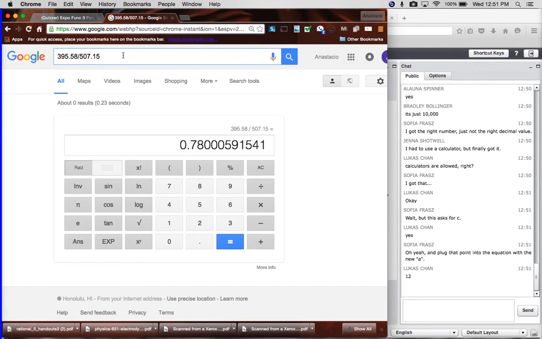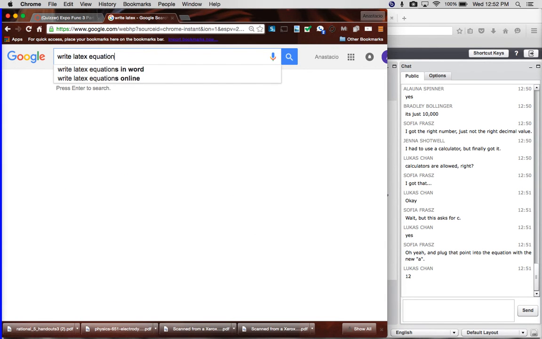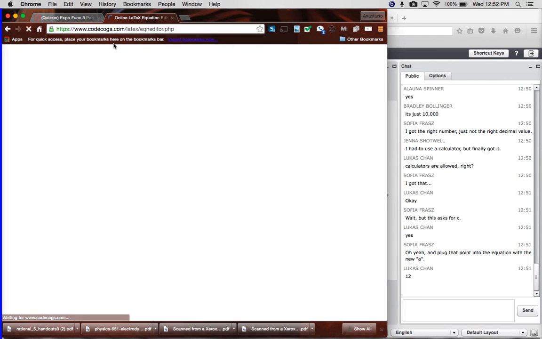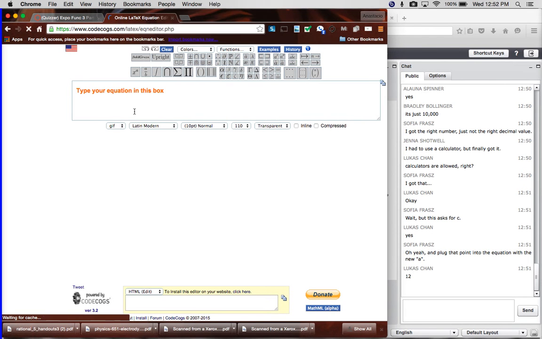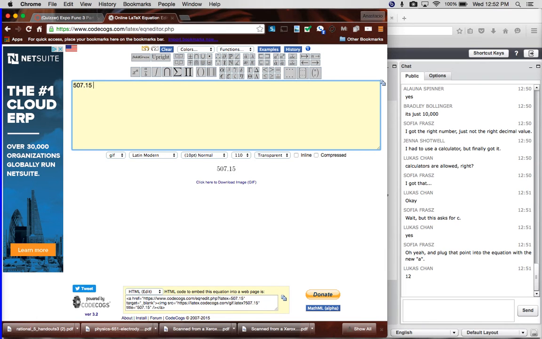Let me see if I can write this down. All right, so 507.15 is equal to c times 0.78 to the 12th power.